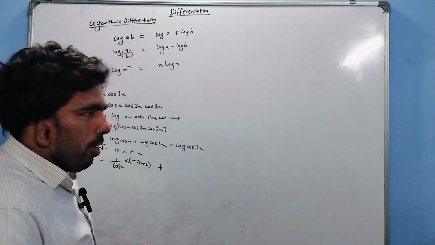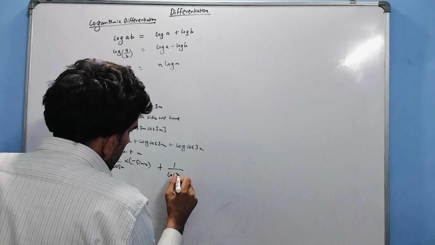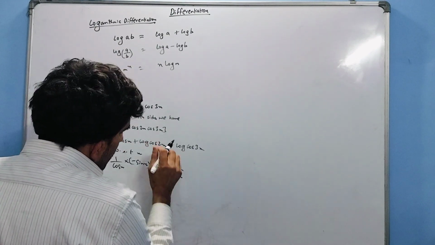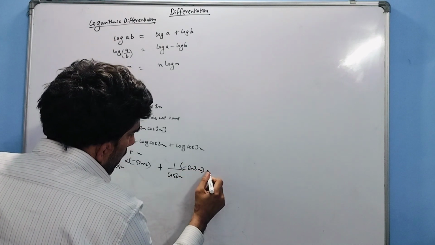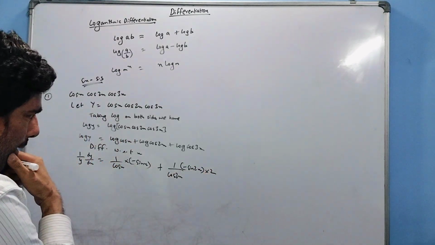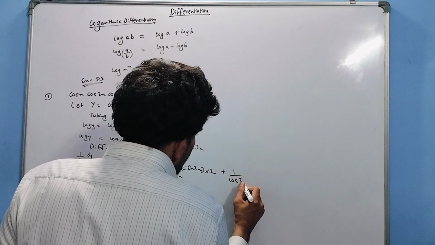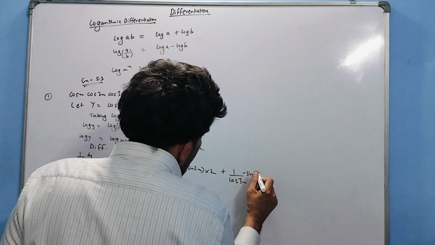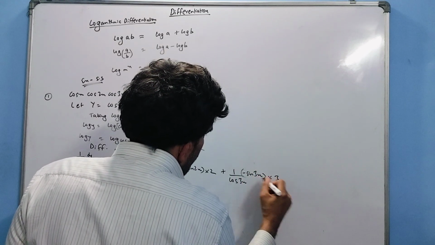Similarly, log of cos 2x will be 1 upon cos 2x into differentiation of cos 2x, which will be minus sin 2x into 2. Okay, similarly we have 1 upon cos of 3x into minus sin 3x into 3.